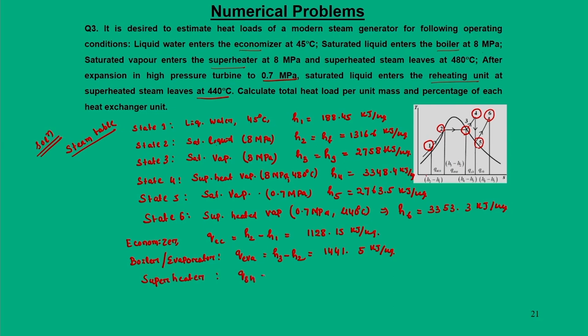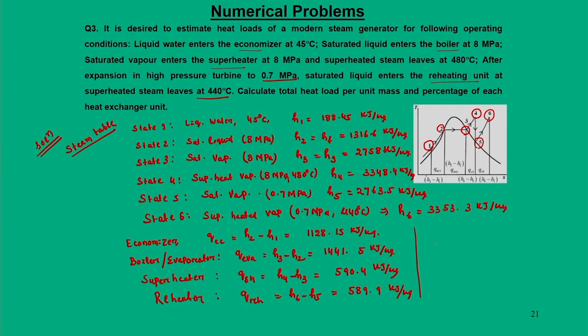Then superheater, Q superheater is equal to H4 minus H3. So, this number is 590.4 kilojoule per kg. Reheater, Q reheater is H6 minus H5. So, this value is 589.9 kilojoule per kg.